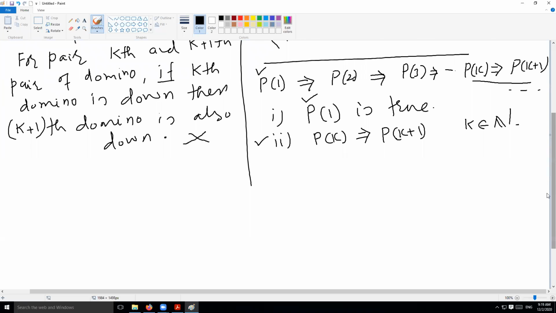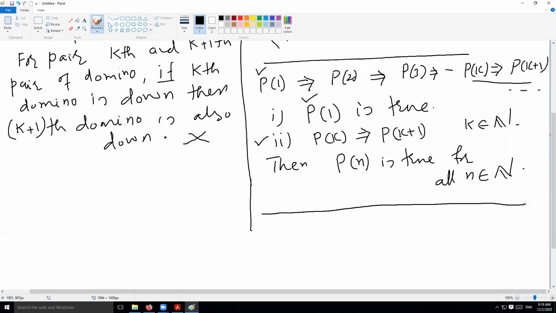So what should be the natural conclusion? The natural conclusion would be that the statement about n is true for all natural numbers actually. That's really the principle of induction actually.